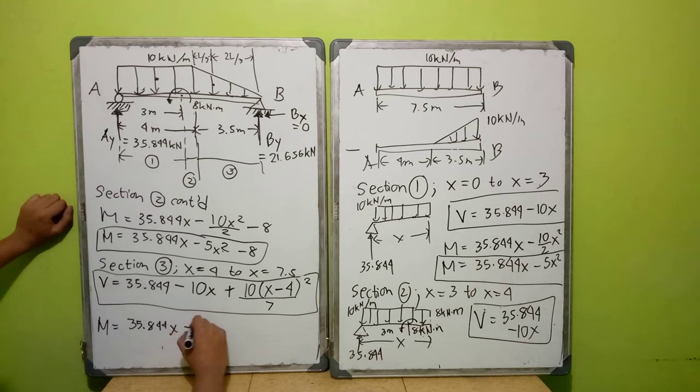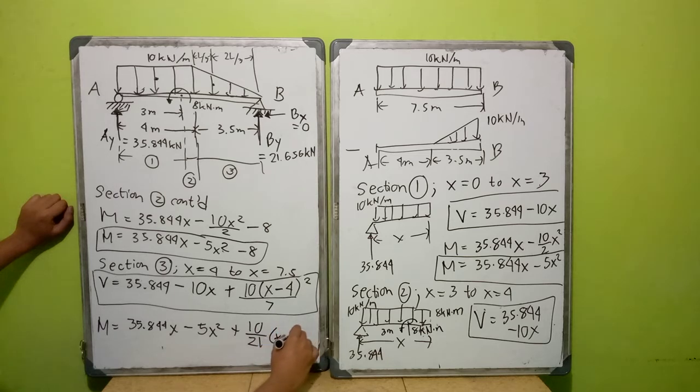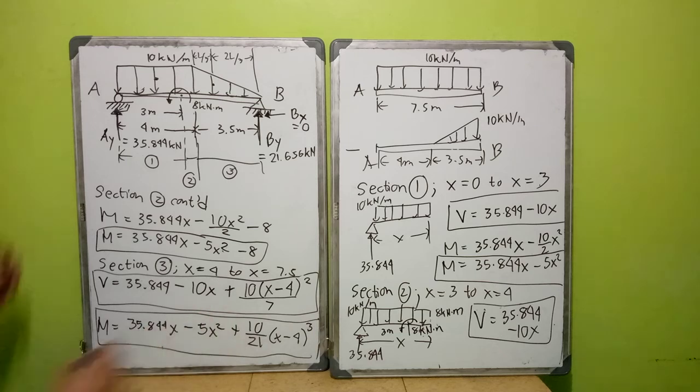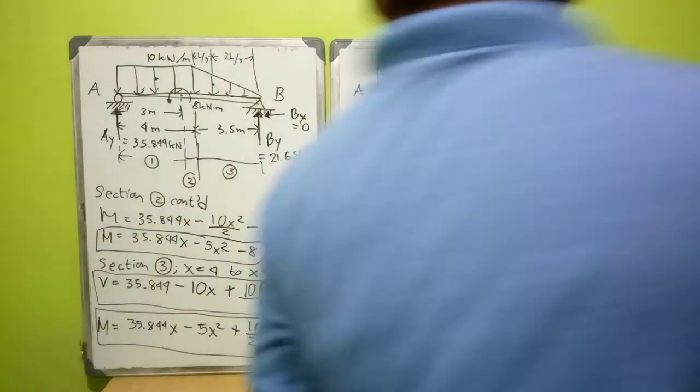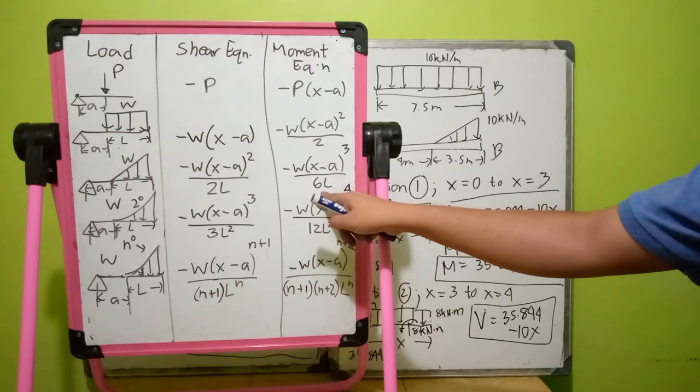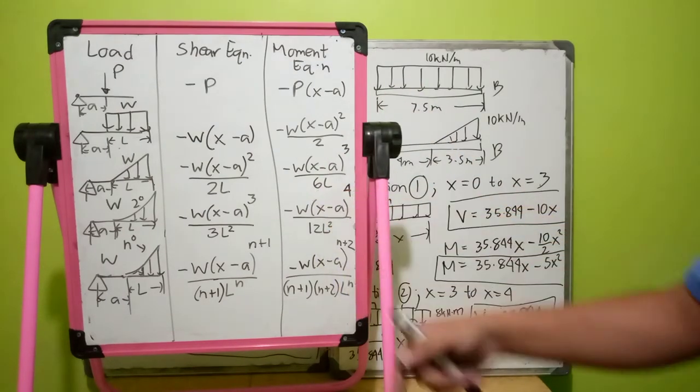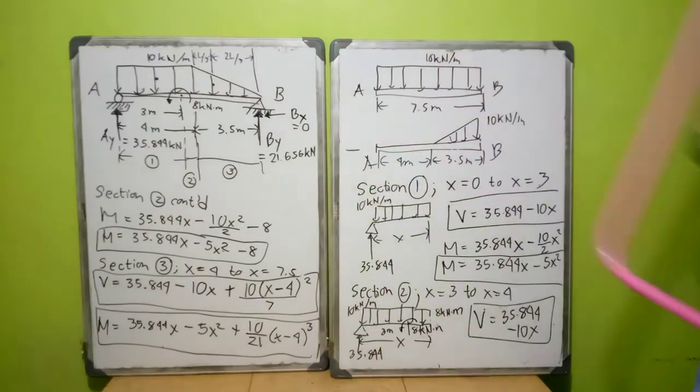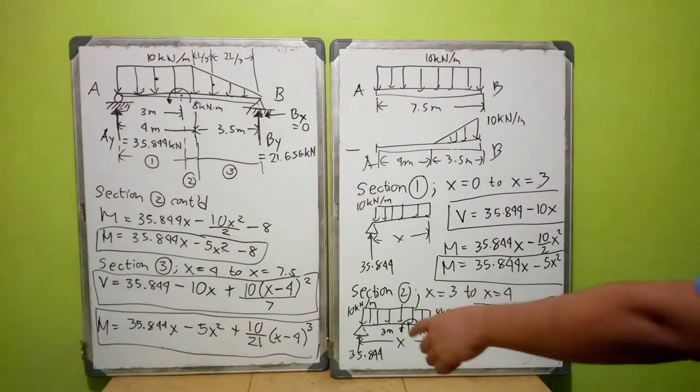So it will become minus 5x squared plus 10 over 21 times x minus 4 to the power of 3. So this will be your moment equation. Similar to this, if you use this table, it's over 6 times L, 6 times 3.5, which is the L, it will become 21. So what we do here is exact.